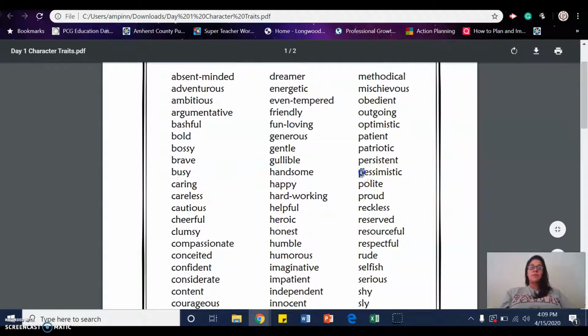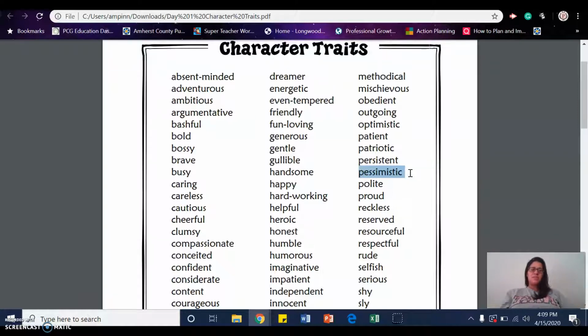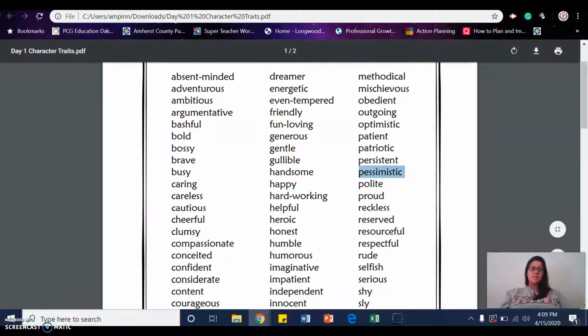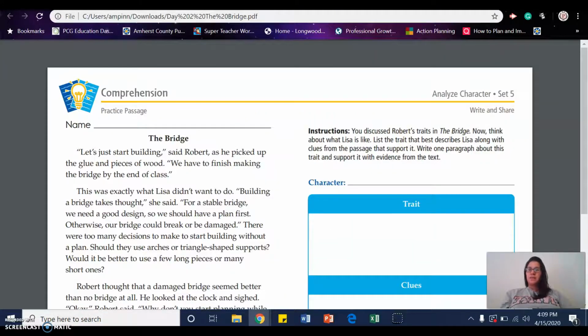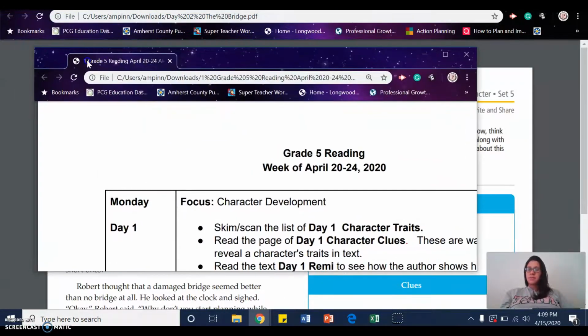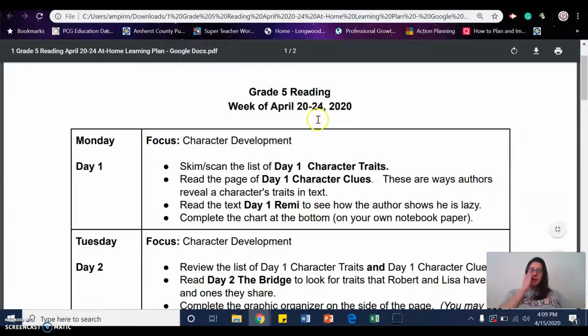Like if you don't know what the word pessimistic means, it means a person who's always thinking about something negative or something bad. You can save those words and we can kind of go over this week's work too during our time together.